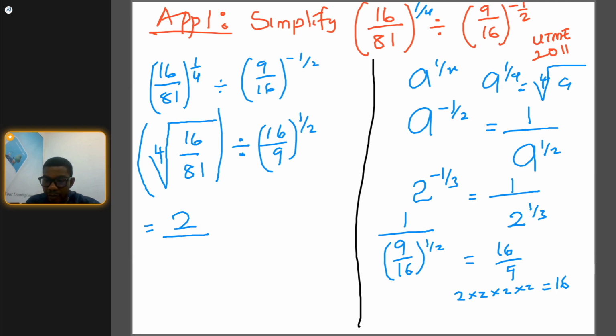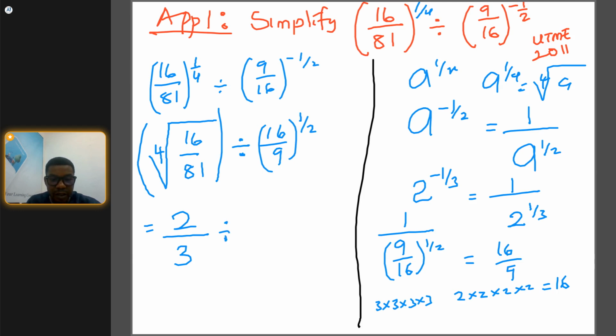I need the first person to give me that response, the fourth root of 81, in the chat box. Okay, that should give us 3. 3 times 3 times 3 times 3 will give us 81. So we are done with this part.